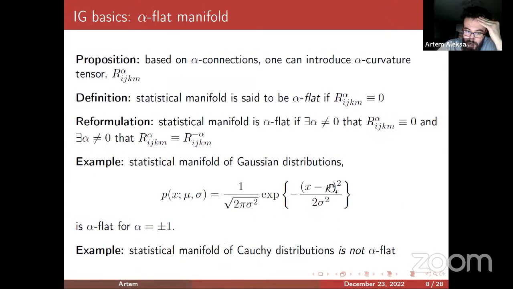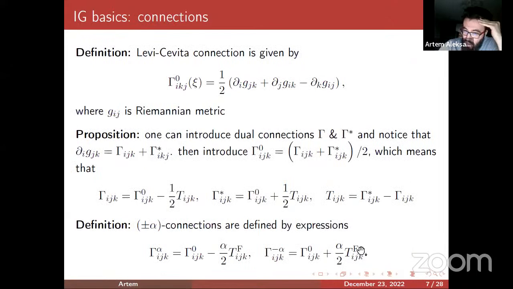So I cannot pick any value of alpha in order to make my statistical manifold alpha flat. But for the Gaussian distribution, the object T is not equal to 0.